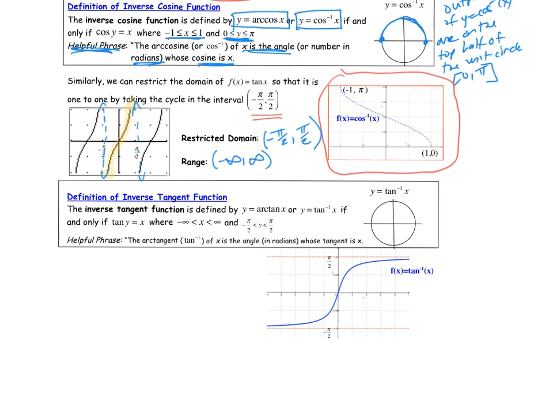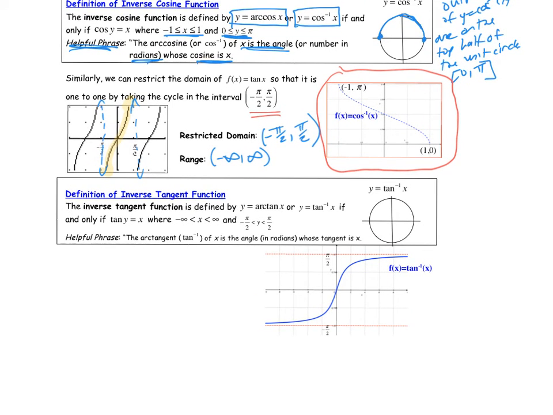Now the definition of inverse tangent, similar to the other two we just defined. It's defined as y equals arctan x or tangent inverse x if and only if tangent y equals x. And we can have any input for tangent inverse. That's the range that we had before. But the outputs are going to be defined in the interval from negative pi over 2 to pi over 2, which was our restricted domain for the tangent function. A helpful phrase: the arctangent or tangent inverse of x is the angle in radians whose tangent is x.